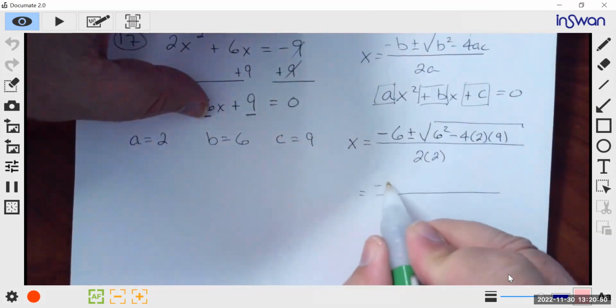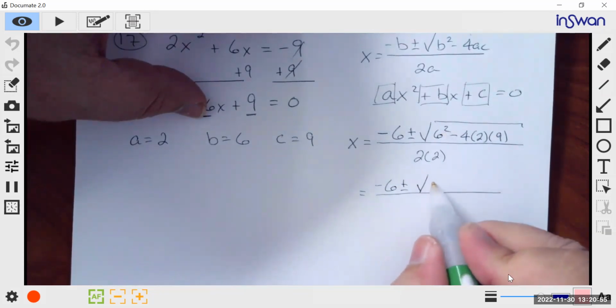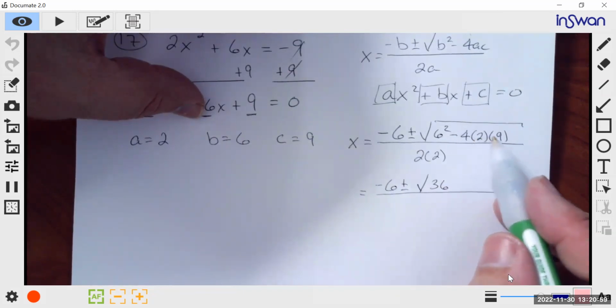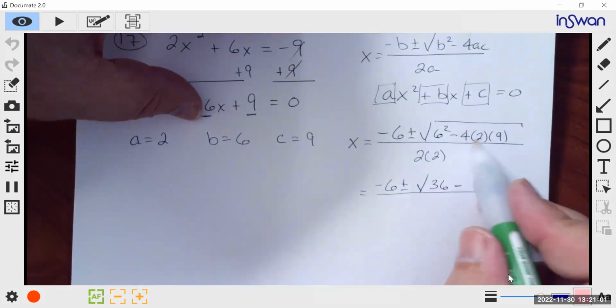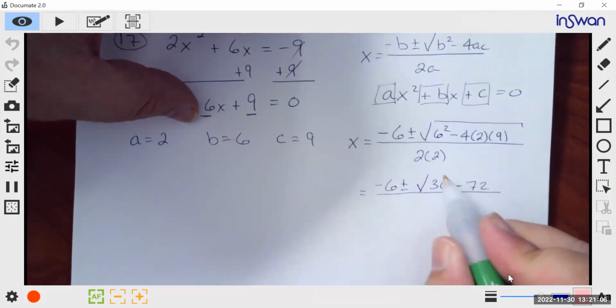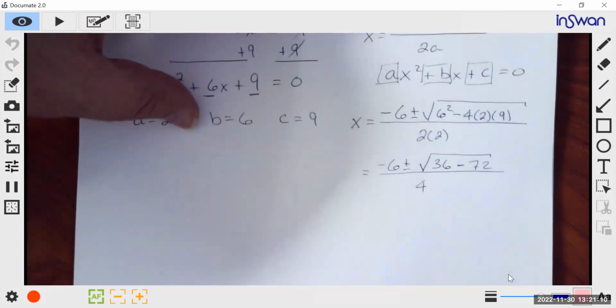Do the inside of the radical. 6 times 6 is 36. Negative, positive, positive, negative. 4 times 2 is 8. 8 times 9 is 72. 2 times 2 is 4.